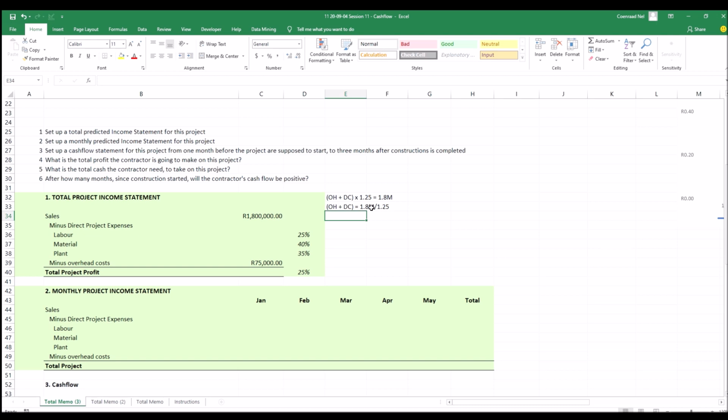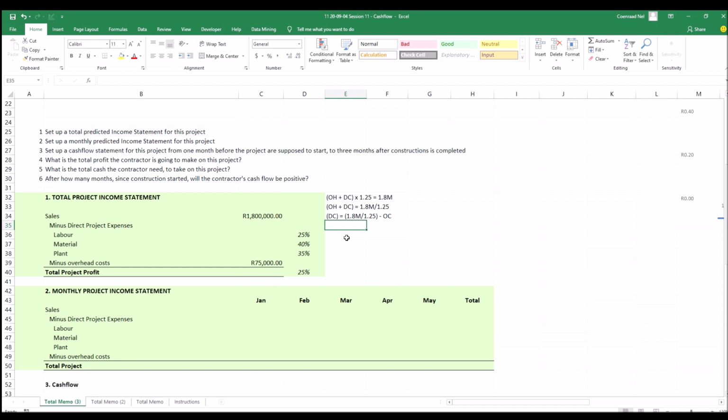And then we can say that equals, I'll just copy and paste again. If we take our overheads over to the other side, we have this whole formula minus the overhead costs for the project, because that's the part that we know. So that is equal to my direct costs.